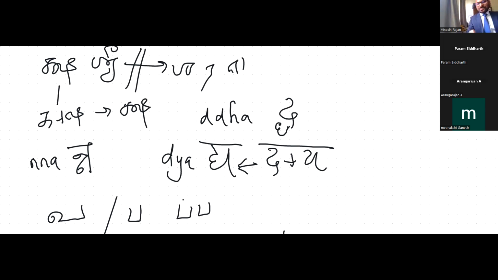Again, it's quite obvious. And you have n and m. It's just quite cursive, and you just put two forms together. Same way you have n and v, you get nva.